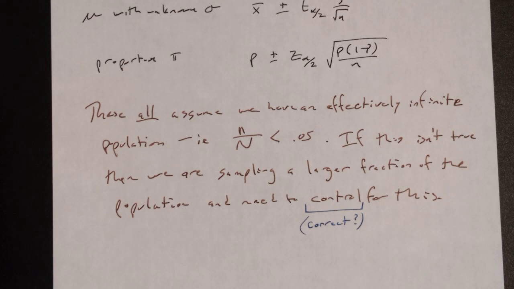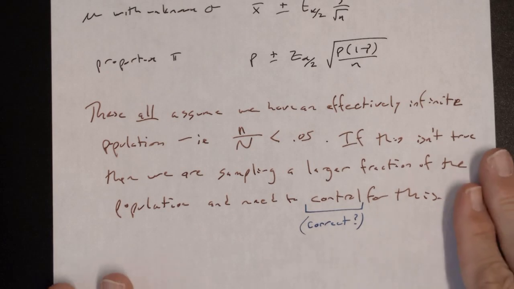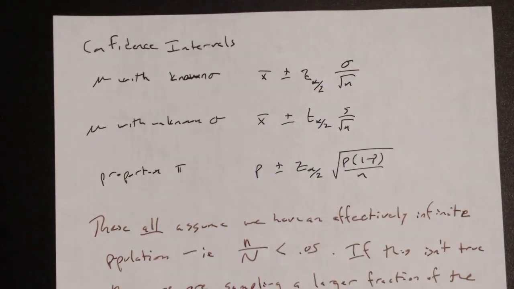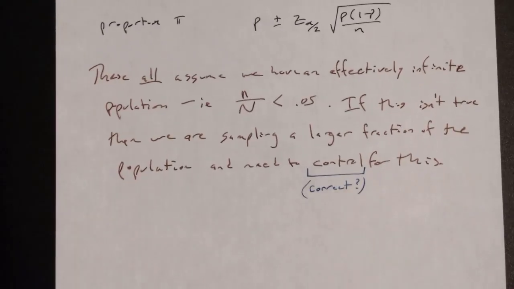If I'm sampling out of a larger fraction of the population, if I sample without replacement, I'm going to get more variation. And that means my margin of error will be bigger than it should be. So up here in our actual formulas, I'm taking my estimator and I'm taking give or take a bit. There's my margin of error. I want to adjust that and narrow it with a correction for a finite population.